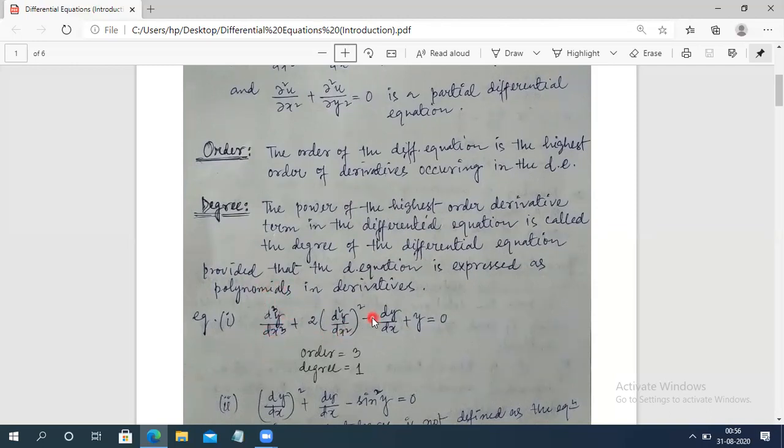No need to check the power of d2y/dx^2 because it is not the highest order derivative present in this equation. The highest order derivative is d3y/dx^3, so check the power of d3y/dx^3. The power of d3y/dx^3 is 1, so the degree of this differential equation is 1.